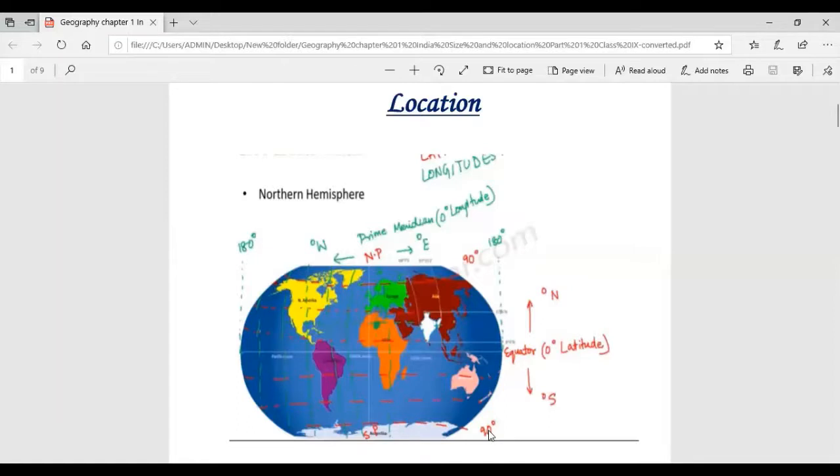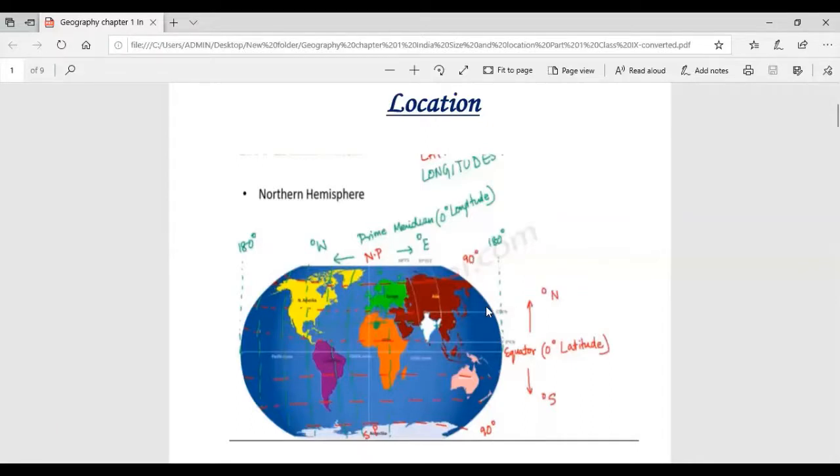That means the latitude increases as we move away from the equator and towards the poles. So here what we learned is, at the equator it is 0-degree, and as we move away from the equator and towards the pole, the latitude increases, and latitudes are measured in degrees.